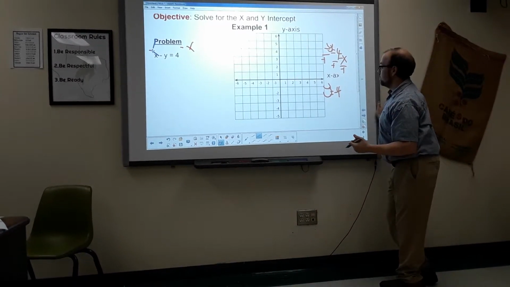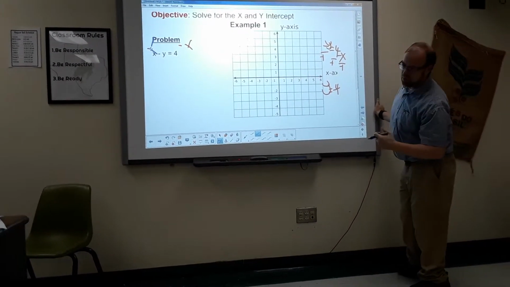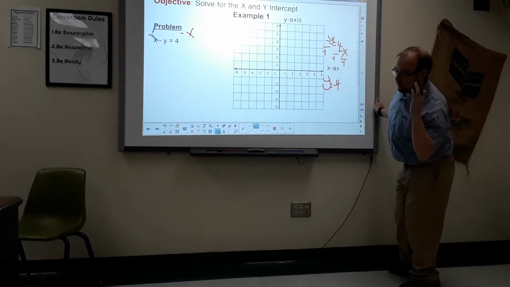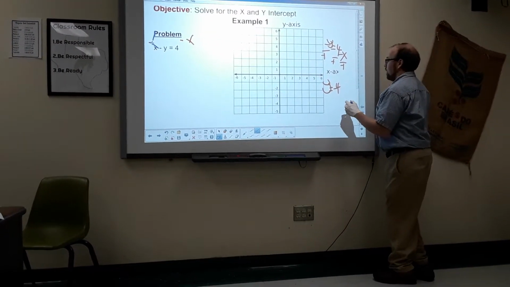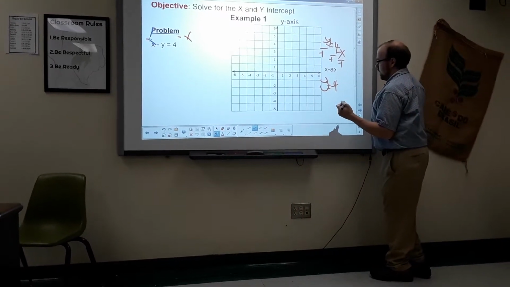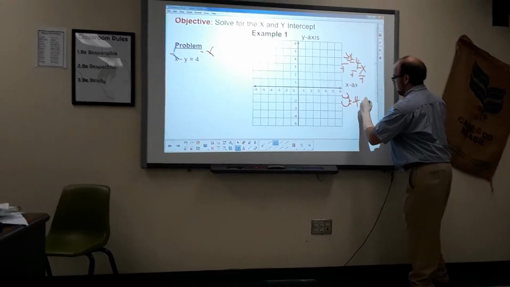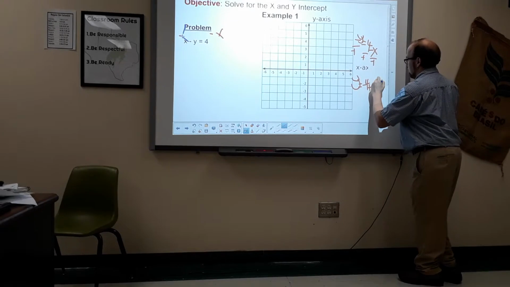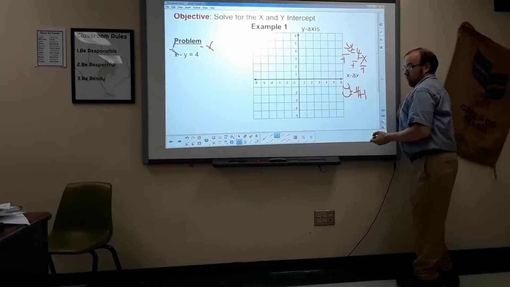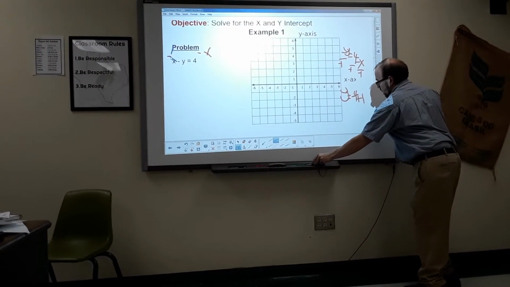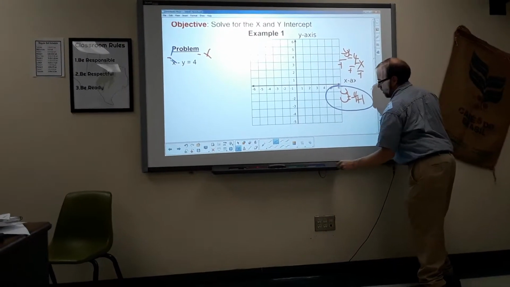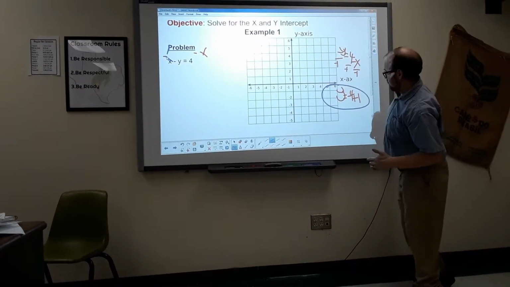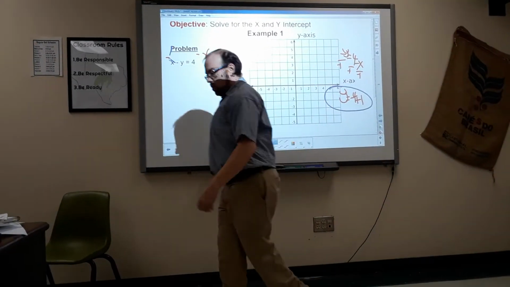Now remember, if you want to put this in your calculator, negative x is the same thing as negative 1 x. So negative 1 divided by negative 1 is a positive, so it's going to be plus 1x. So here's my equation right here. This is what you're going to put in your calculator: y equals negative 4 plus x.